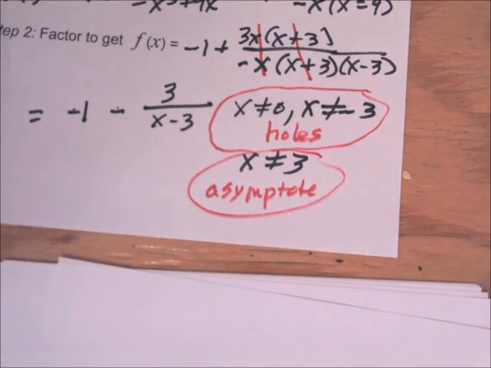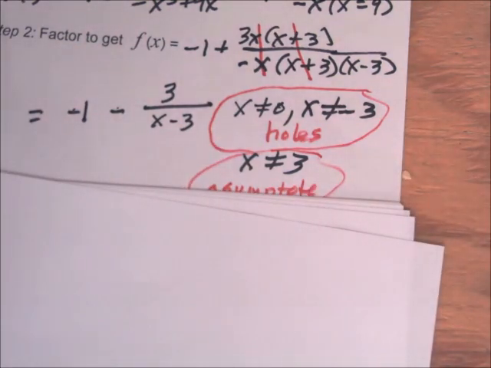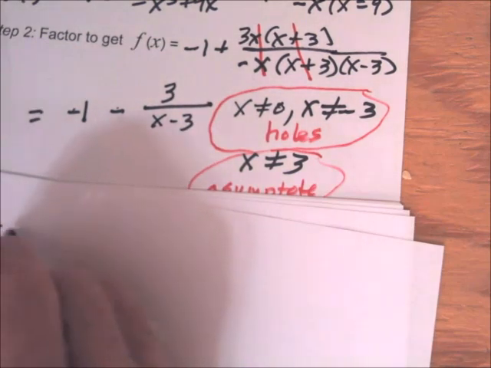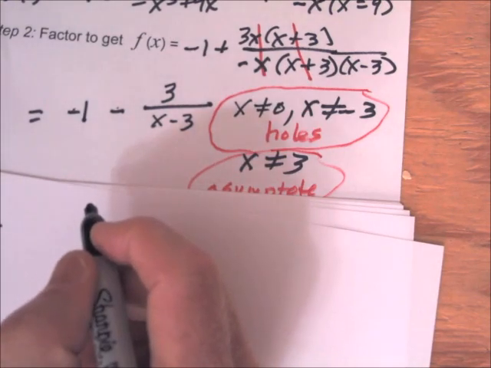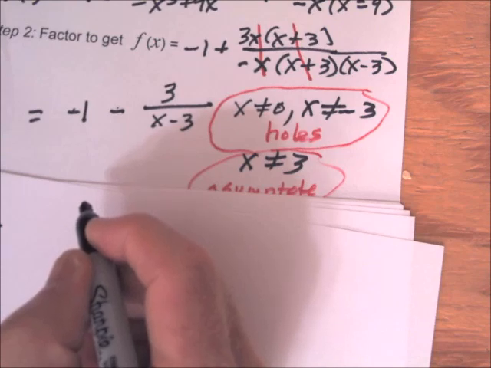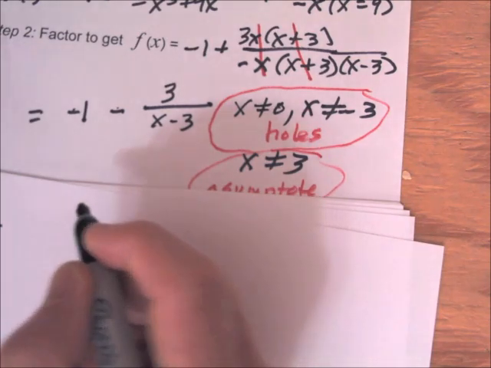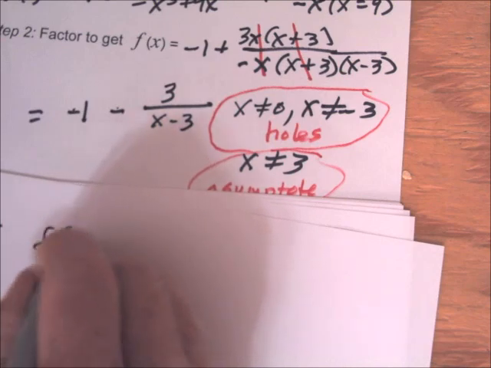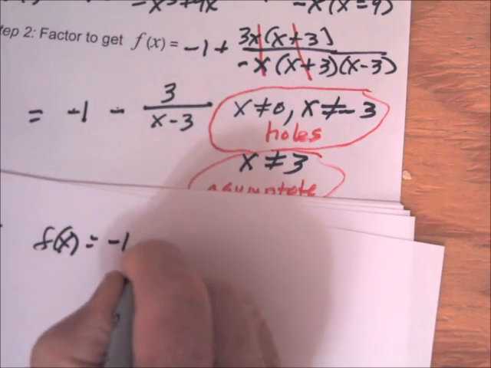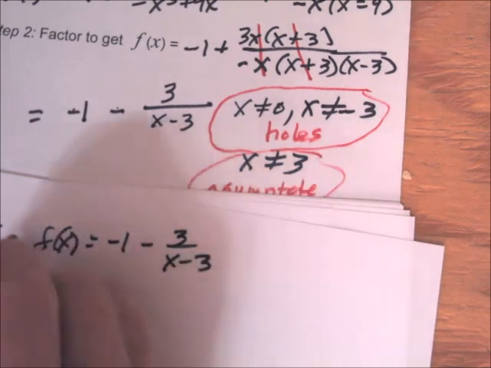Let's plot some points and sketch the graph here. So our formula, our reduced fraction, is f of x equals -1 minus 3 over x minus 3.